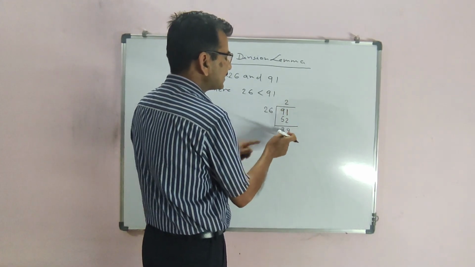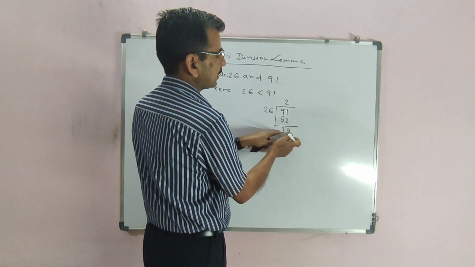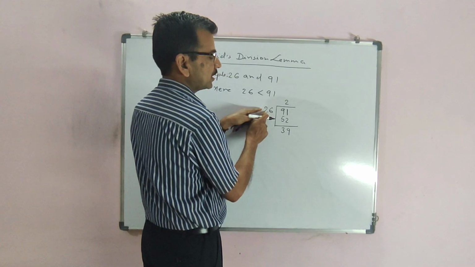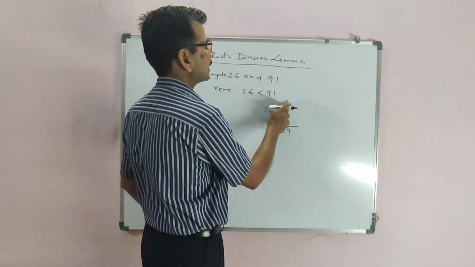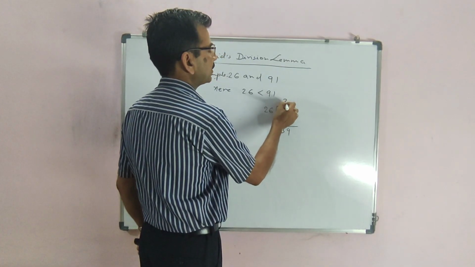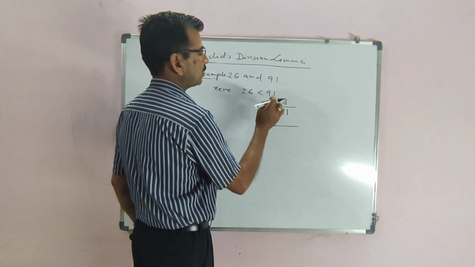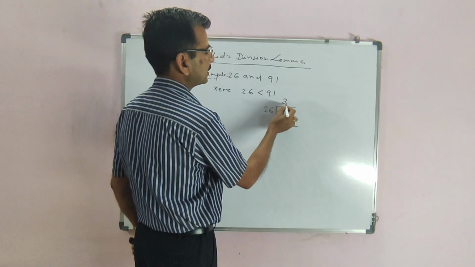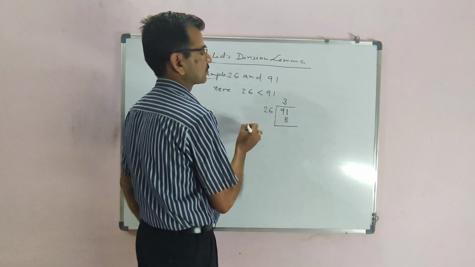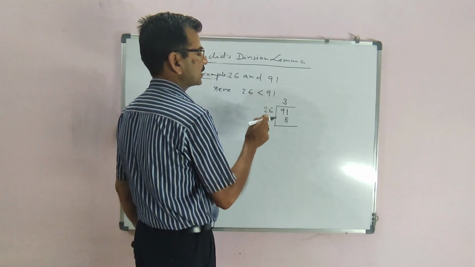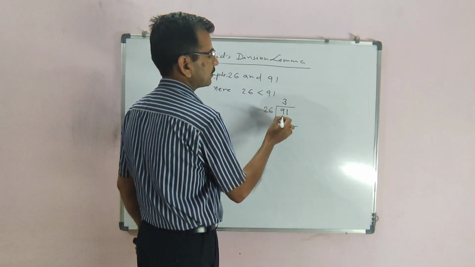We can check that this remainder is more than the divisor. If it is so, we can continue. Then here we take 3 and multiply and check. 3 sixes are 18, 1 carried, 3 twos are 6 and 1 is 7.